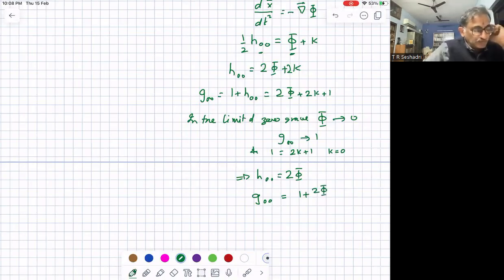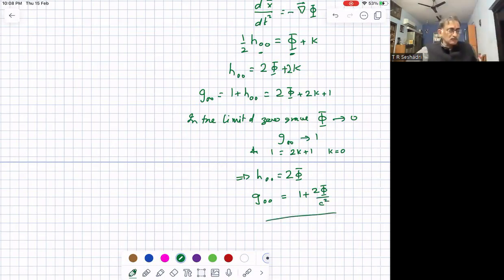We have taken c equal to 1, but if you put c, this will become phi by c square. The first time you have got the actual relationship between geometry and gravity, by comparing with the Newtonian thing. Is that all right? Yes.